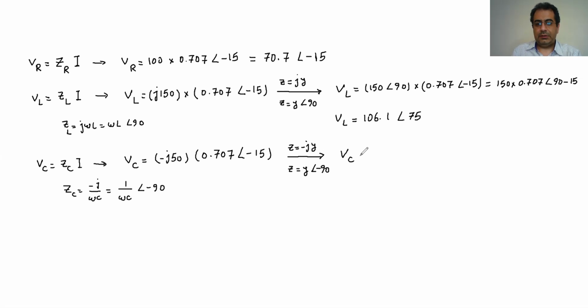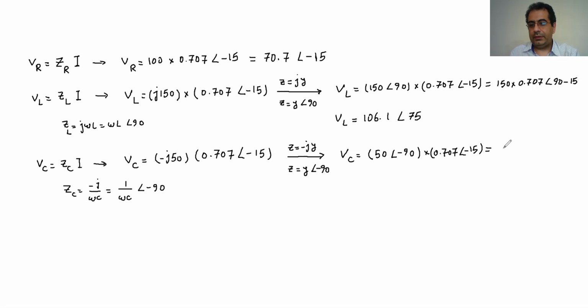So the VC is going to be, if you convert it to the polar format, 50 with an angle of negative 90 times 0.707 with an angle of negative 15. Because they're multiplying, we multiply the magnitudes and add the angles.